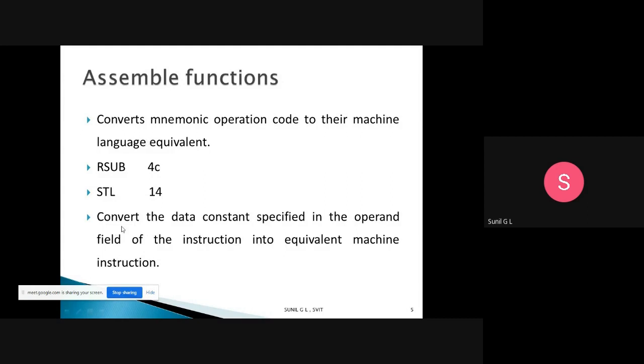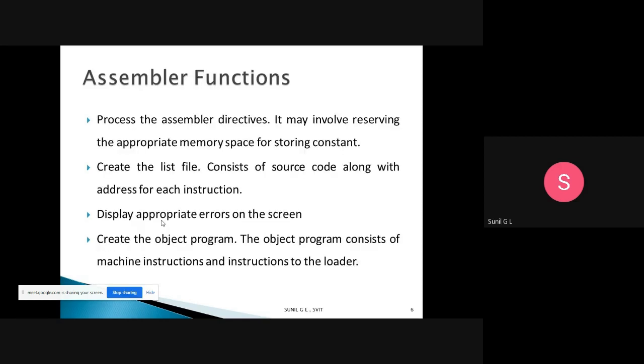Then after that, it converts the data constants specified in the operand field of the instruction into equivalent machine instructions. Whatever data constants are available in the program, those things are also converted into machine instructions. So one is mnemonics, that is instructions, and the other is data constants: two things.